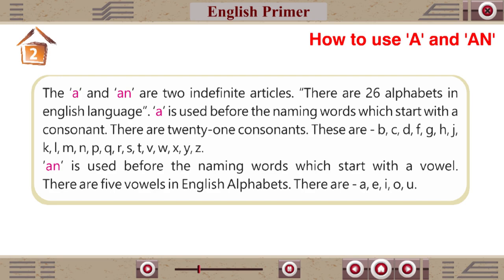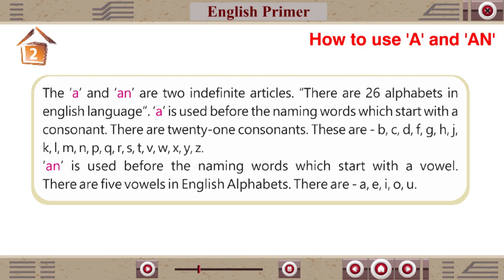There are 21 consonants. These are B, C, D, F, G, H, J, K, L, M, N, P, Q, R, S, T, V, W, X, Y and Z. AN is used before the naming words which start with a vowel.